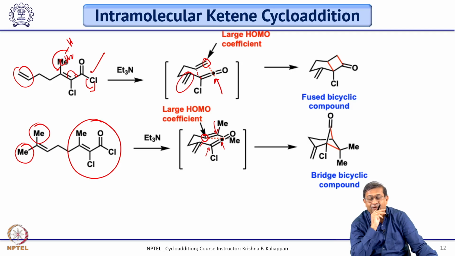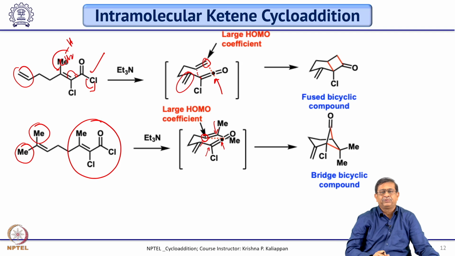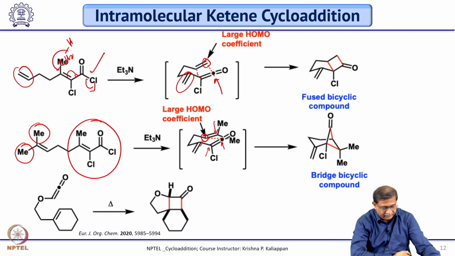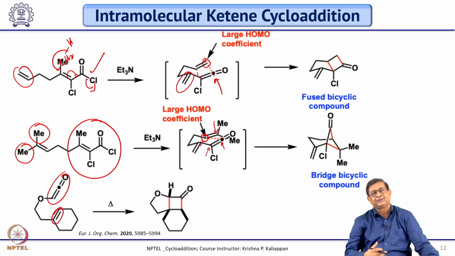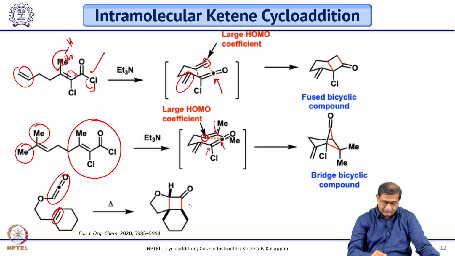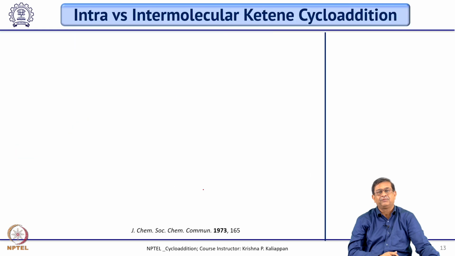So depending on the nature of the alkene which you use as one of the 2-pi components in intramolecular 2+2 cycloaddition reactions, you get either a fused bicyclic compound or a bridged bicyclic compound. Here you can see this is the ketene and then you have cyclohexene appended to it. So that undergoes intramolecular 2+2 to give a tricyclic compound.